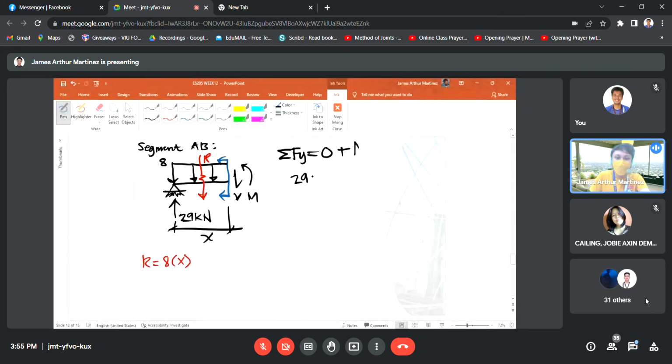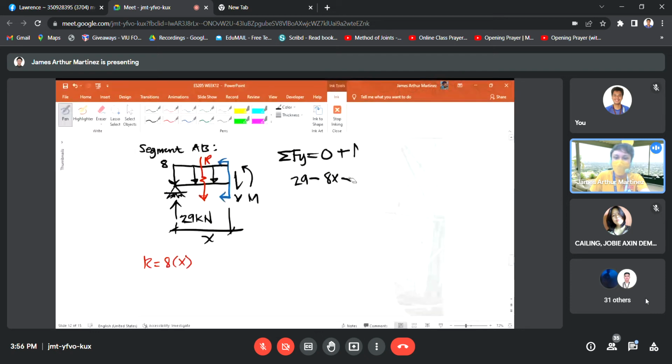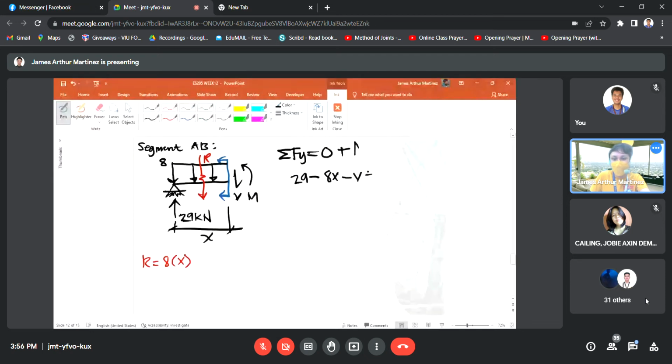So downward direction, so minus 8x. And then minus V for the internal shear force, since downward ang direction. Equal now to 0. Kay wala na may laing force. Sige, so simplifying, we now have an equation for our internal shear at segment A to B.